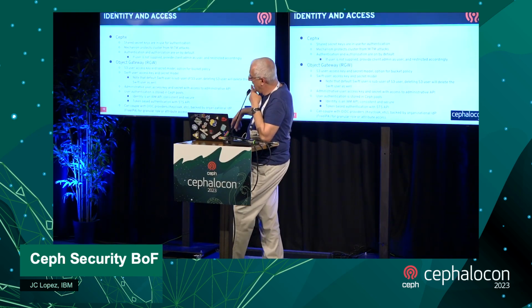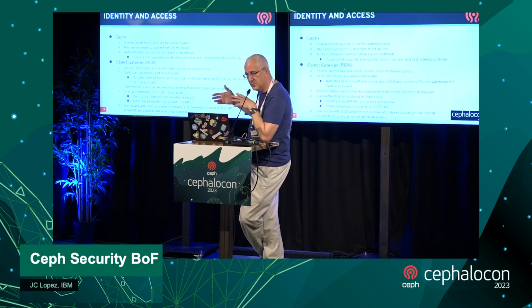So object gateway, S3 users, access key, secret keys. Someone that has an access key, explain to them that their access key and secret key are their safety. If they don't want anyone to come and read the data, they had better keep that safe. Another thing that you have to explain to people that use S3: access key, secret key, fair enough. What is one of the most common things that people do when they start using S3?